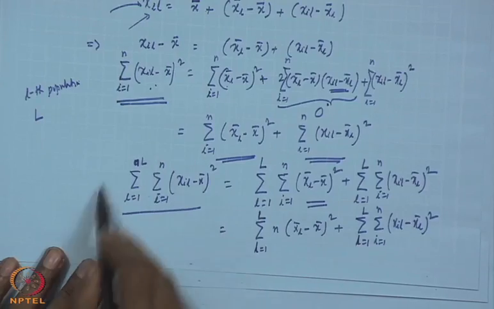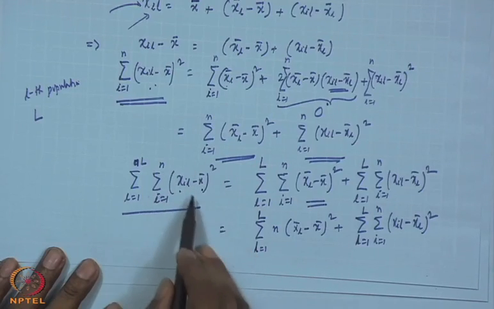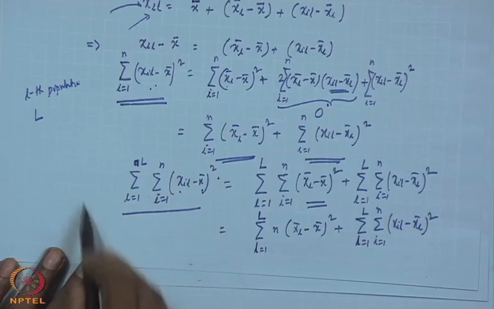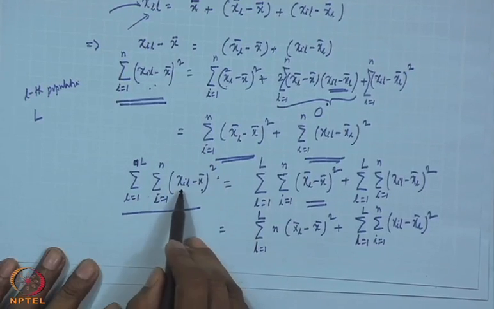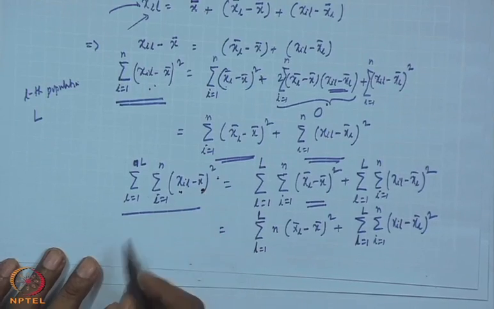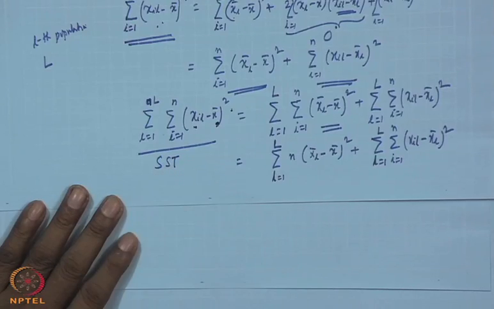Here we have not divided by the degrees of freedom, but actually what is happening here is that x_iL minus x bar, this is the variability, and this is its square. So, for all the observations you have subtracted the grand sample average. So, this quantity is known as the sum square total.